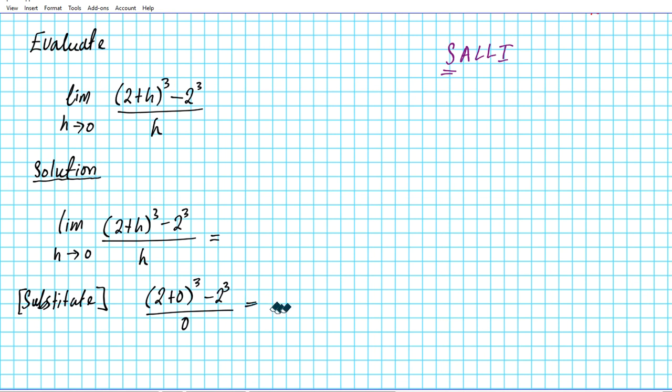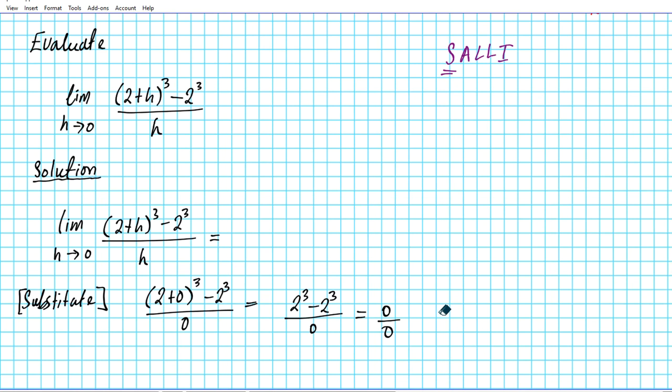Alright, and let's go ahead and simplify completely. Do not be in haste to conclude that it's undefined if you have a denominator of 0, because the numerator could also be 0, which will mean it's indeterminate and not undefined. So 2 plus 0 is 2, so we have 2 to the third power minus 2 to the third power divided by 0. 2 to the third minus 2 to the third is 0. 0 by 0.